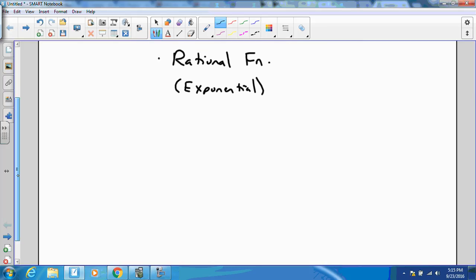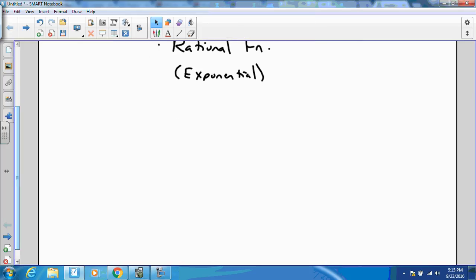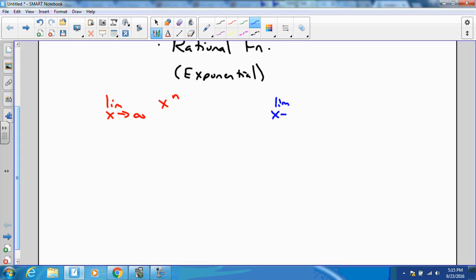So I want to begin with something that you learned last year, which is a look at the limit as x goes to infinity of x to the n, and the limit as x goes to negative infinity of x to the n, where n is a positive integer. We call these functions monomial functions.